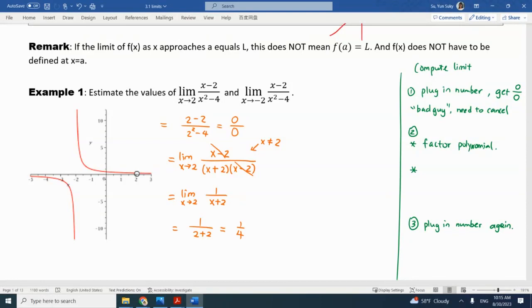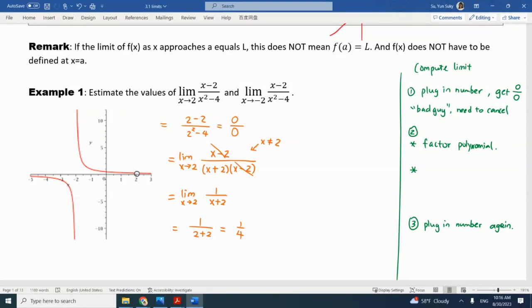So 3 steps. You plug in the number first. If you get 0 over 0, that means there's a bad guy. The bad guy makes the numerator and denominator 0. And then if you have rational functions, try to factor the numerator and denominator.